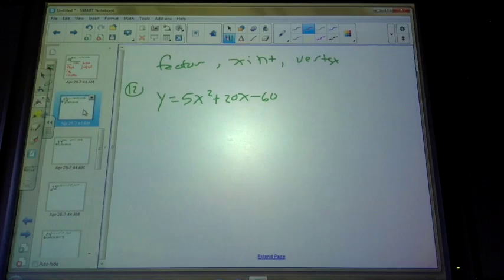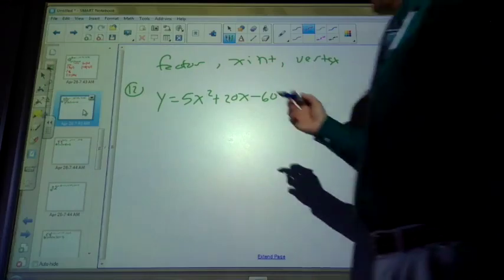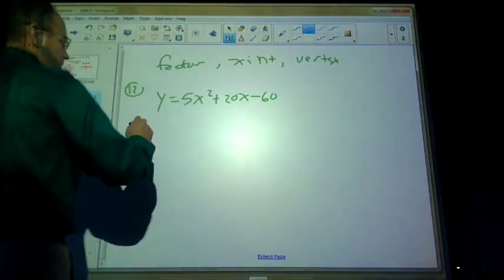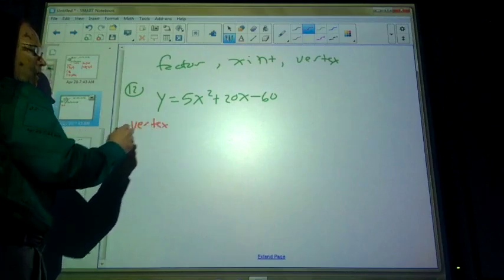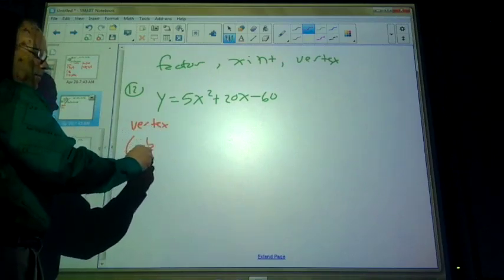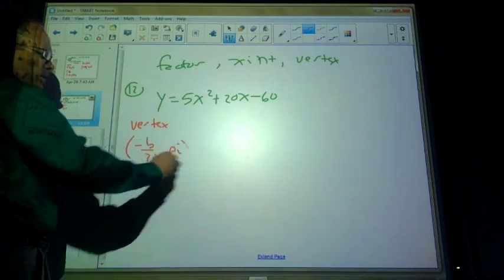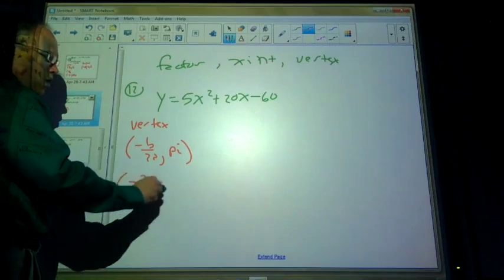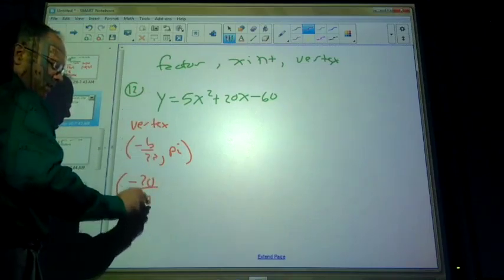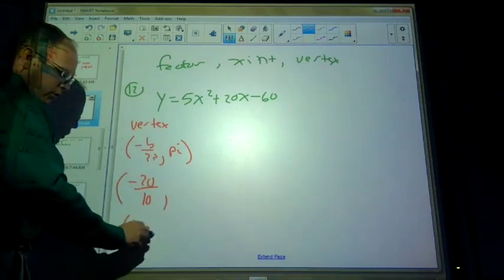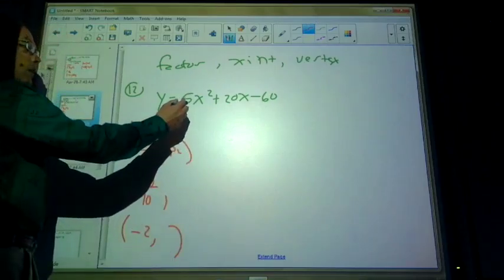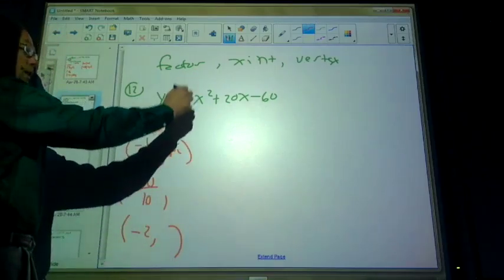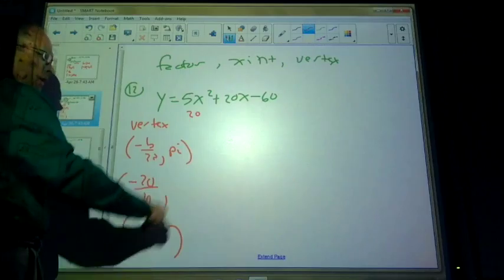All right. Let's see. Factor, x-intercept, vertex. Let's find the vertex first. Vertex: I've got negative b over 2a, plug it in. So I get negative 2 over 2 times 5, that's 10. So negative 2, and let's see, negative 2 squared is 4, so that gives me 20.